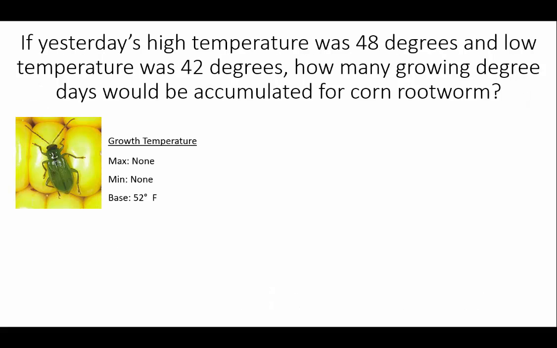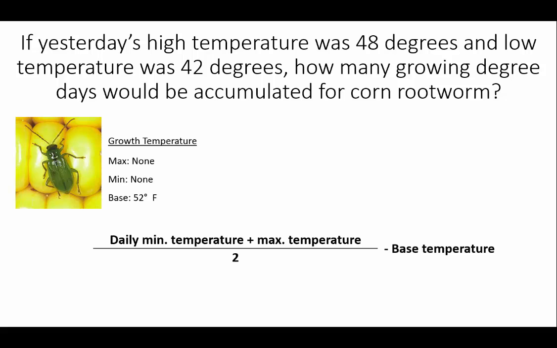Let's try another corn rootworm calculation, but with a lower temperature. So let's pretend that yesterday's temperature was a little bit lower than what we had calculated for corn. So now we're going to have a high temperature of 48 degrees and a low temperature of 42 degrees. So let's try using our equation. Daily minimum temperature plus maximum temperature divided by 2 minus the base temperature. So remember that we don't have a minimum temperature for corn rootworm growing degree days like we do for corn.